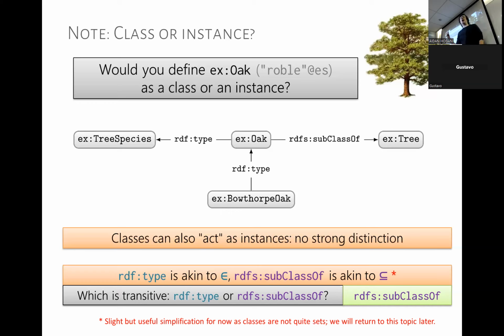We do not want to infer that Bowthorpe oak is of type tree species. We don't want it to be transitive. If we had white oak, and white oak is a subclass of oak, and oak is a subclass of tree, then it's perfectly fine to infer that white oak is a subclass of tree. So the transitive property is perfectly okay in that case.